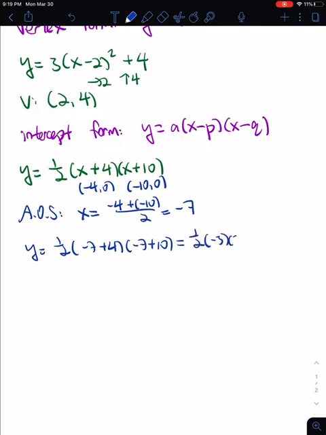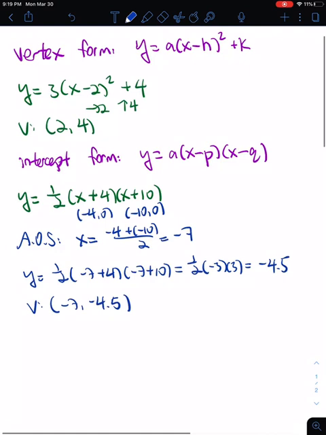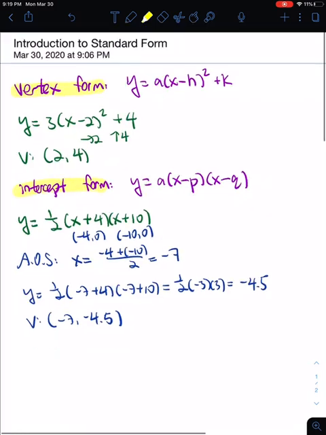So that looks like 1/2 times -3 times 3. So it looks like -4.5. So in this case, our vertex will be (-7, -4.5).